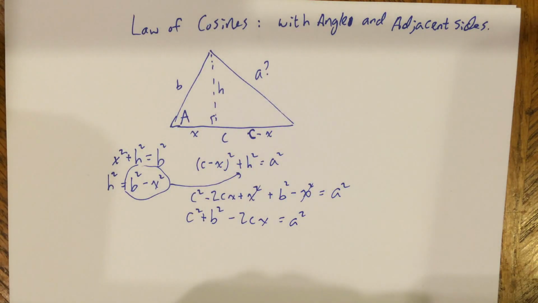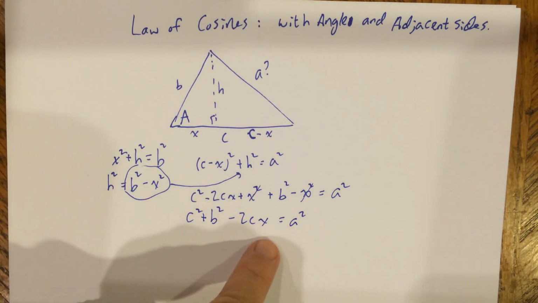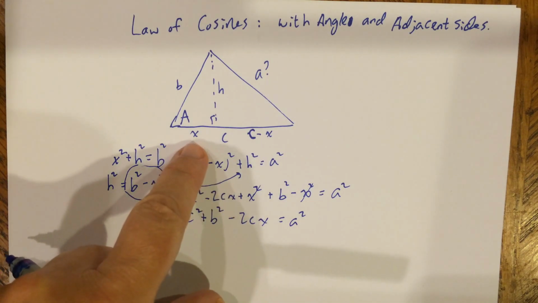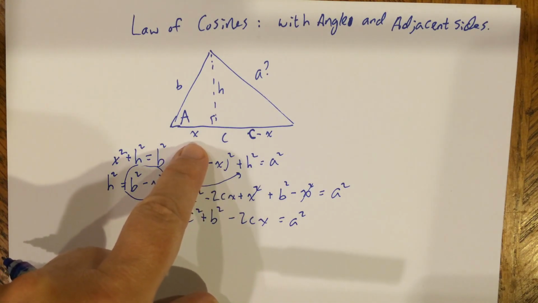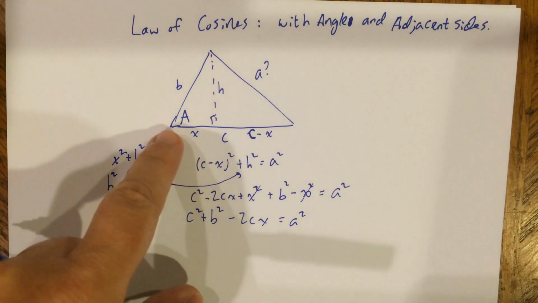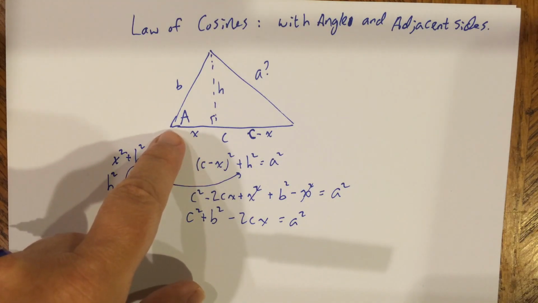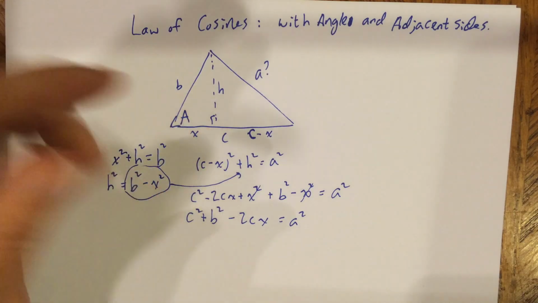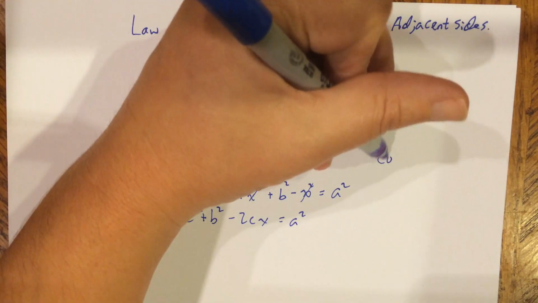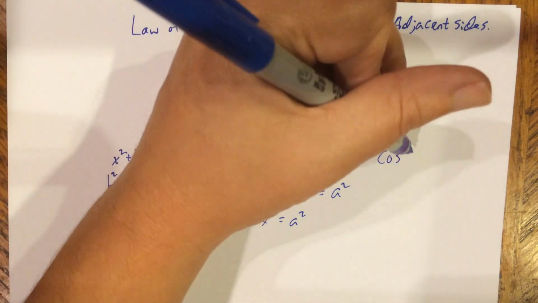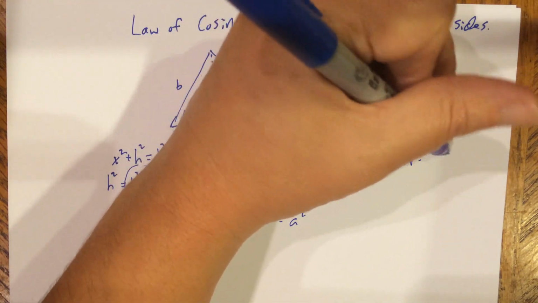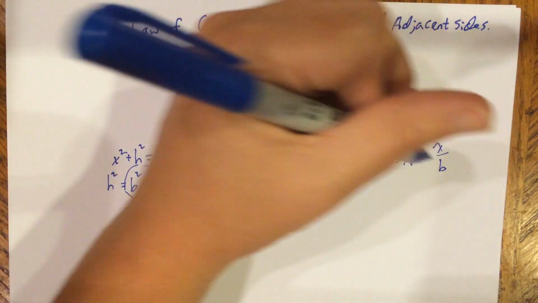So it's better, but I still have an x in there. And again, x I kind of made up. I dropped down the vertical. Well, let's see if we can write x in terms of stuff that was given to us, and this angle was given to us. So this is an adjacent, that's hypotenuse, so I could write it as cos of A, because adjacent would be x over hypotenuse, b.